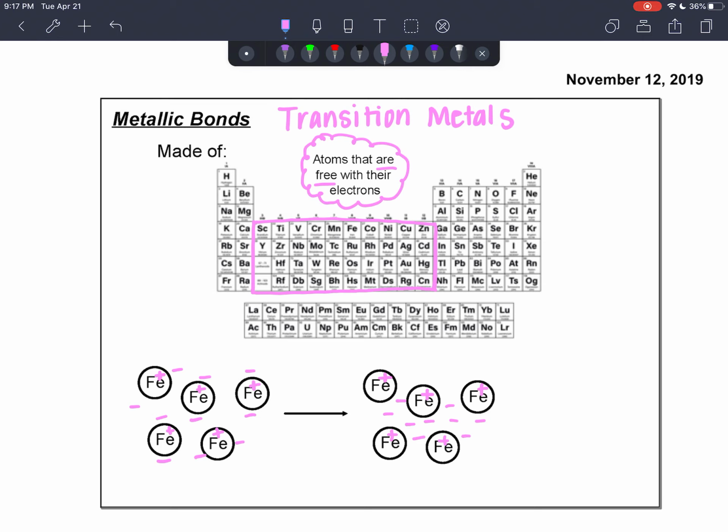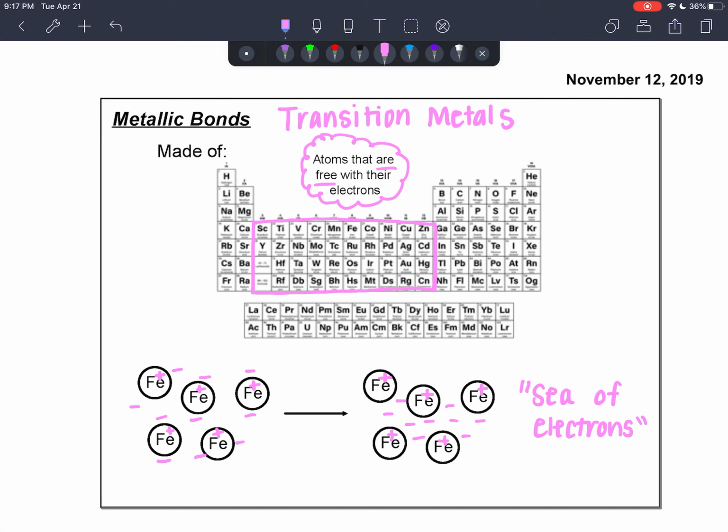And because the electrons are able to move around, we describe a metallic bond as a sea of electrons. They're not bound to any atom, they're not bound to any area. They're really free to come and go and move around as they please. So they're not stationary by any means.